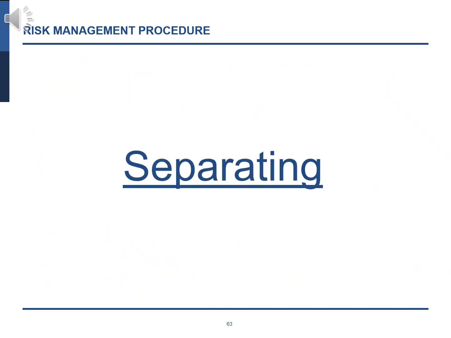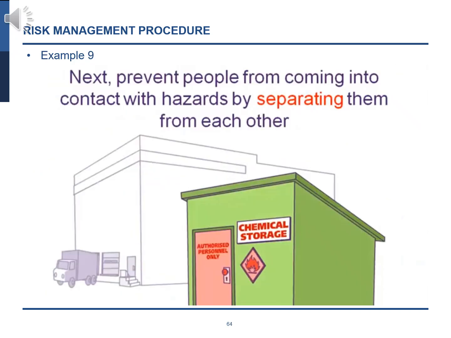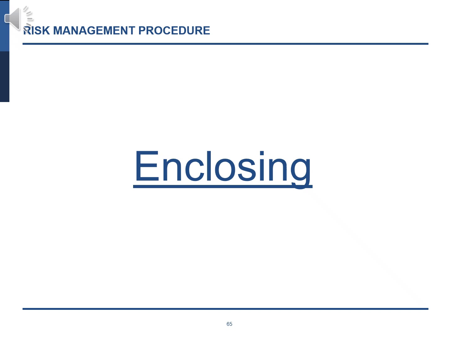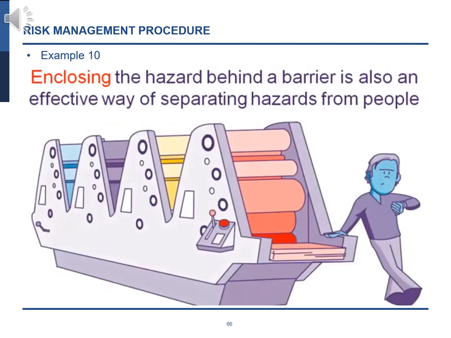Separating. Next, prevent people from coming into contact with hazards by separating them from each other. Enclosing. Enclosing the hazard behind a barrier is also an effective way of separating hazards from people.